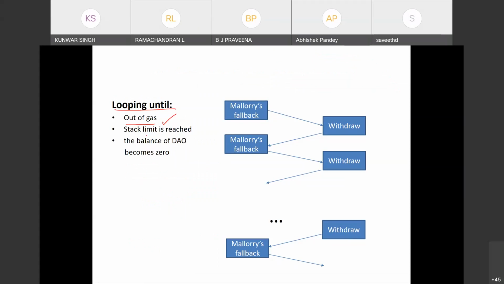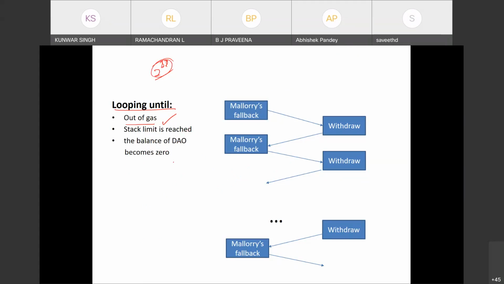Then there is a term like stack limit is reached. That is also very high, something very, very high number. While calling and all these things, the stack will be used, so there is a stack limit they have kept. That is very high also. The third one is the balance of the DAO becomes 0.